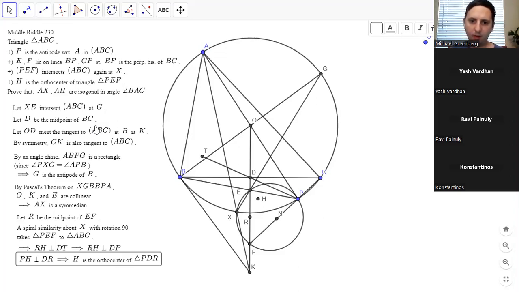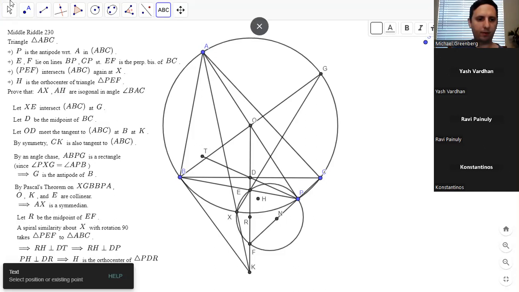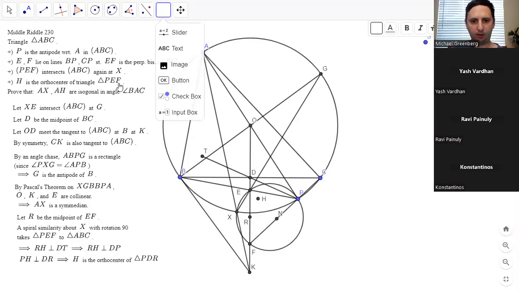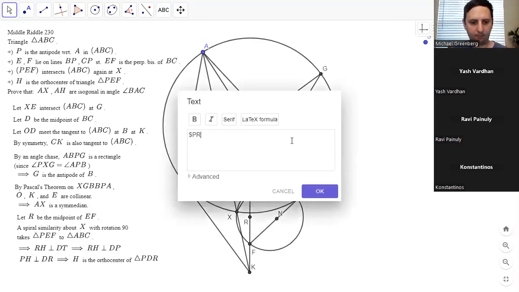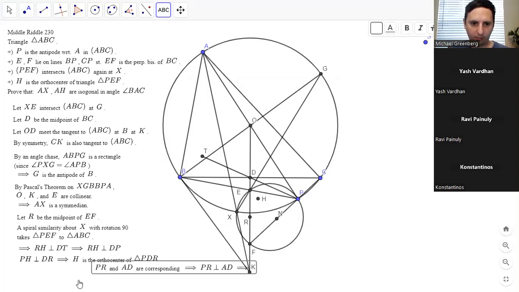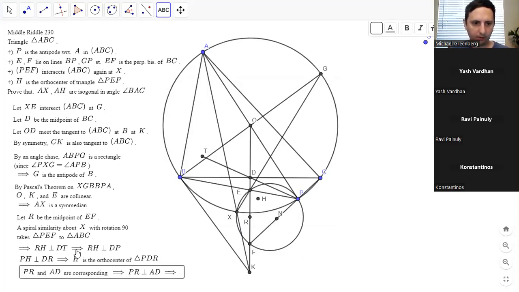So PR corresponds to AD, which implies PR is perpendicular to AD, and this implies DH is perpendicular to PR.